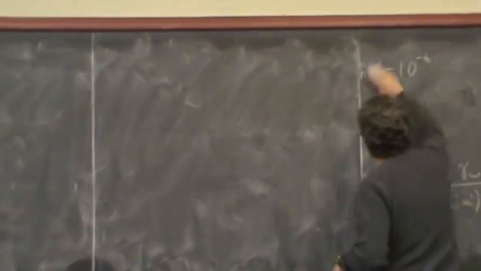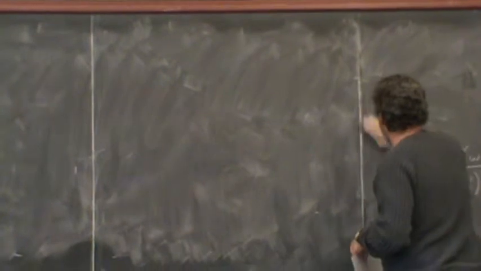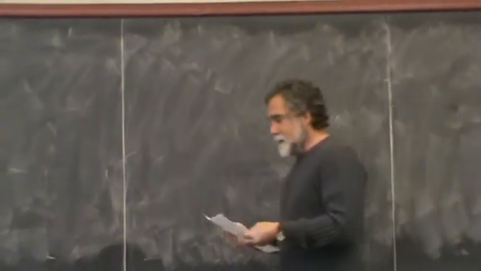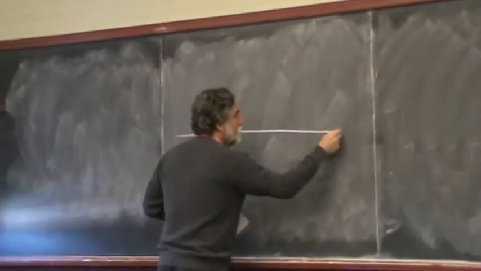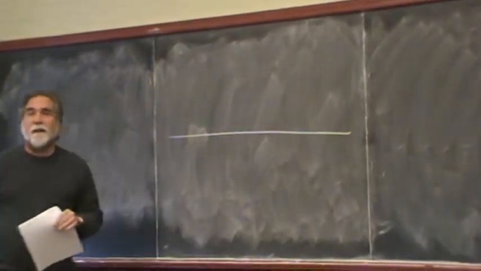So now we've got response to materials. And we have a dielectric function. We know where it comes from. We have the imaginary part of the dielectric function and the real part of the dielectric function. And now we want to worry about waves incident on boundaries.